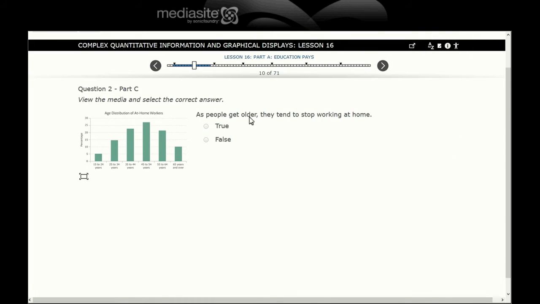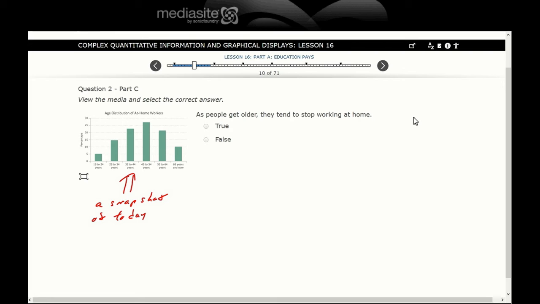Okay, as people get older, they tend to stop working at home. Okay, this is a trick question. Because what we're seeing here on the graph is a snapshot of today.